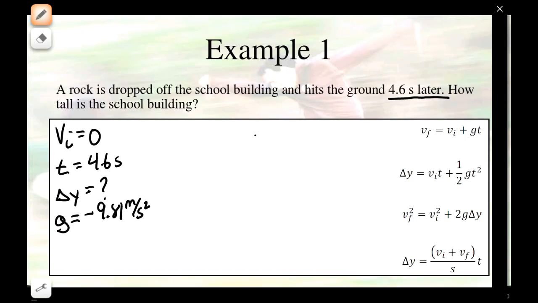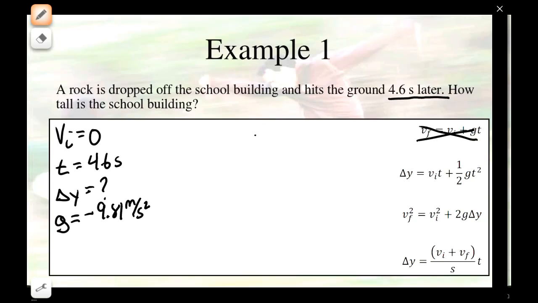Now, once I have these knowns and unknowns pulled out of my word problem, it's time for me to start canceling some of my equations. I'm looking for delta y, so I have to look for an equation that has delta y in it. The first one does not, but the other three do. Now, what do I know? One thing I don't know is the final velocity, the velocity of the object when it hits the ground.